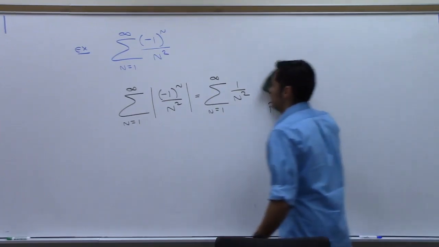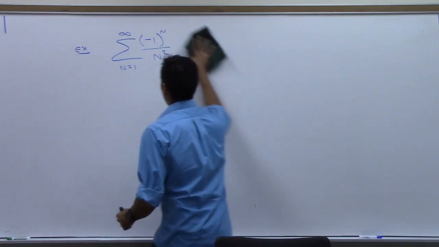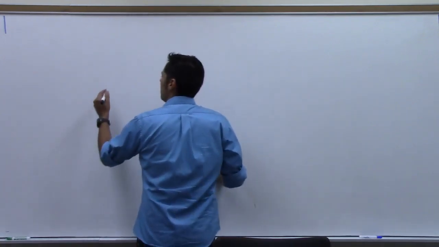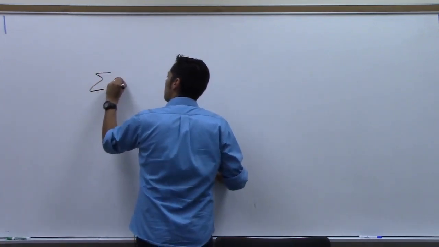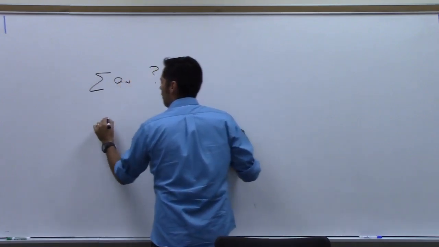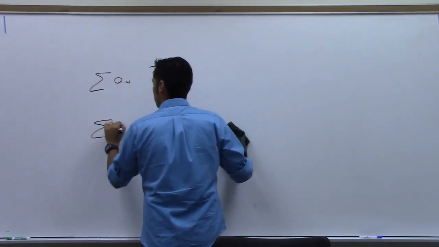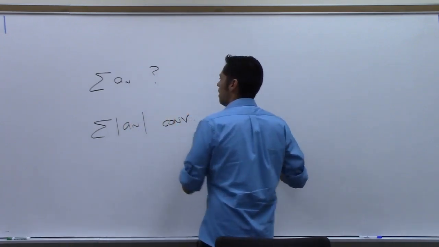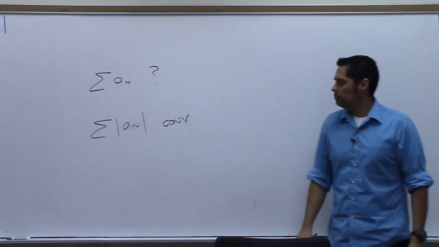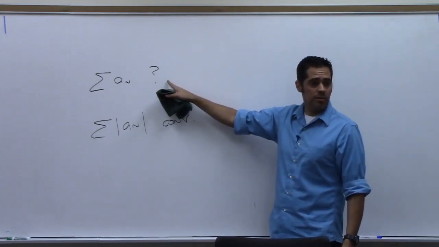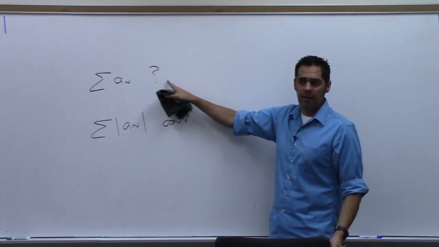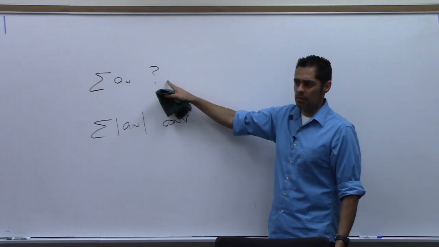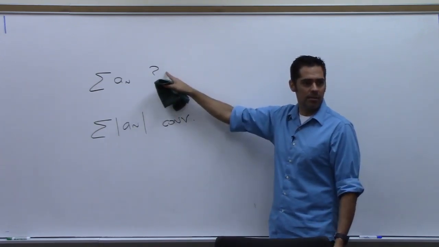So what if I tell you this? What if I give you a series? I'm not going to give you a specific one, but I give you a series, we don't know what it does, and I tell you that the absolute value of it converges. What would you tell me about that? That must converge, right? In fact, it's absolutely convergent, because if the absolute value converges, that converges.